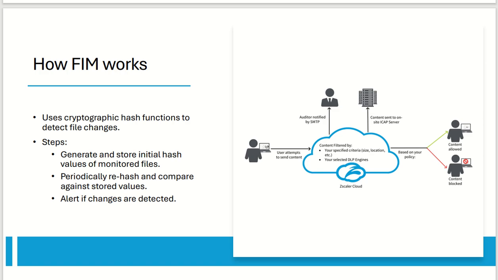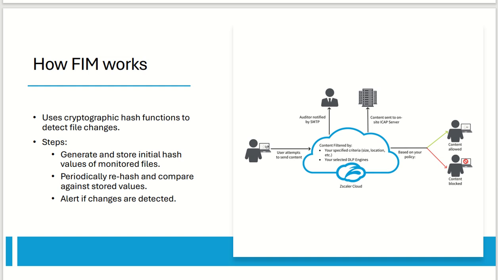The working of file integrity monitoring is based on cryptography. It uses cryptographic hash functions to detect changes that have happened to files since the last time. First, the hashes of files are generated and stored.